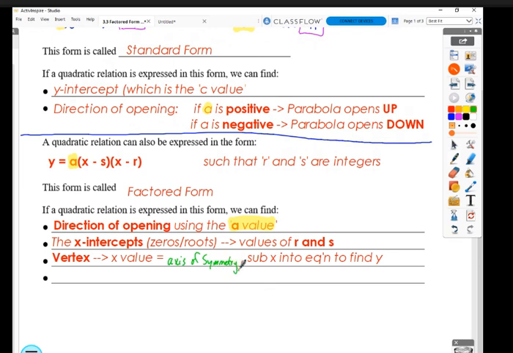Then we can sub in that x value to solve for the y value of the vertex, which we did a little bit of last week, but we'll certainly do it again today. Like I said last time we were here on Friday, I'm planting a little seed for what's about to come, and here we go. This is it. Yes, of course, the axis of symmetry.